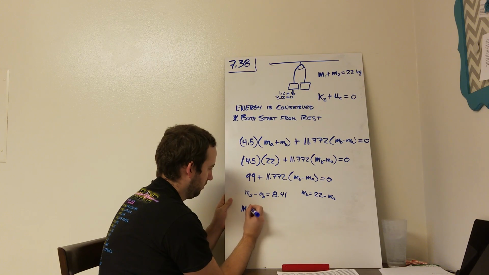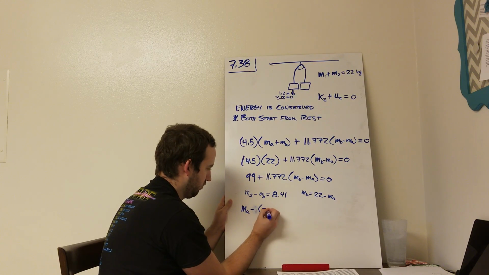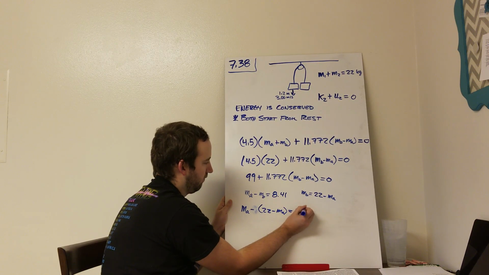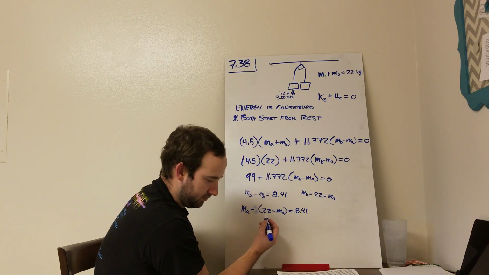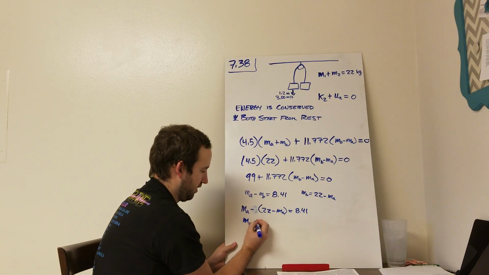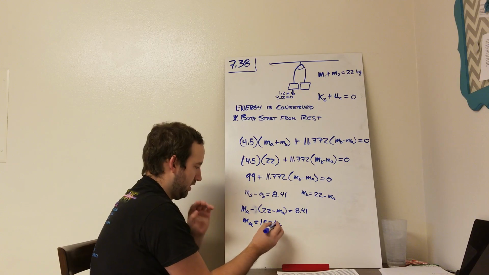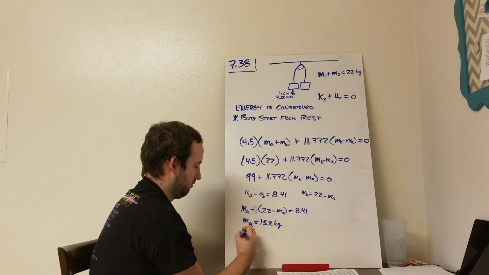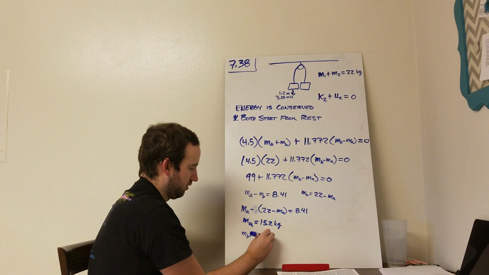So we'll get mA 6.41. So now that we have that, we know that mA comes out to being 15.2. So now what we do is subtract 15.2 from 22 to get mB. And mB equals 6.8 kilograms.